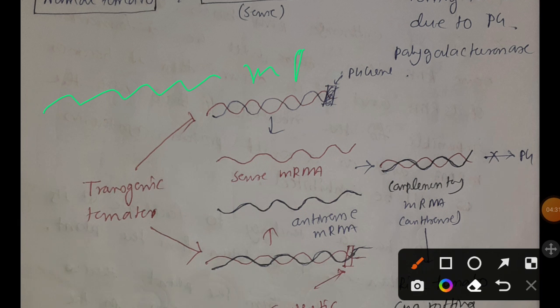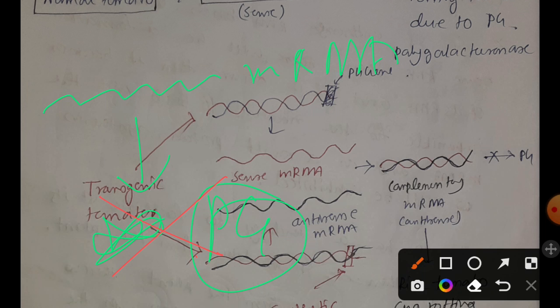Okay, so as polygalacturonase is an enzyme, and enzyme is protein in nature, and according to the central dogma, that simply means that polygalacturonase is coming from some kind of mRNA. Okay, so scientists thought that we cannot prevent the PG from doing its action.